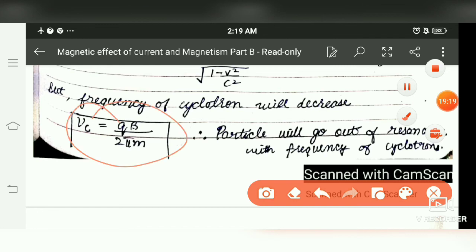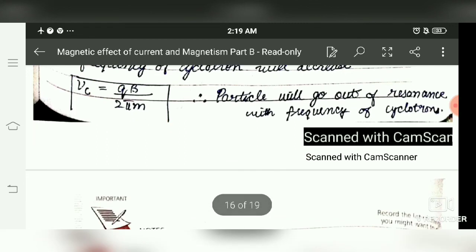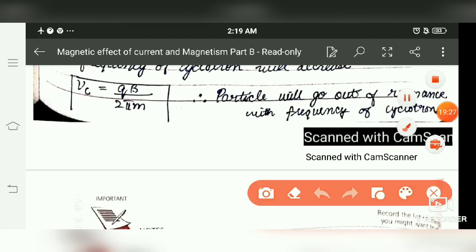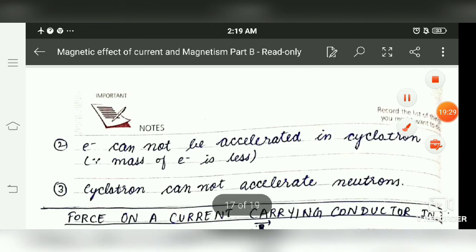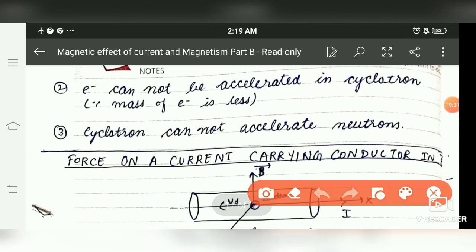It says there is no dependence on the frequency, but as mass is changing, the frequency is also changing. So the particle will go out of resonance with the frequency of the cyclotron. Next, an electron cannot be accelerated because its mass is very small, and the cyclotron cannot accelerate neutral particles, which do not have any charge on them.